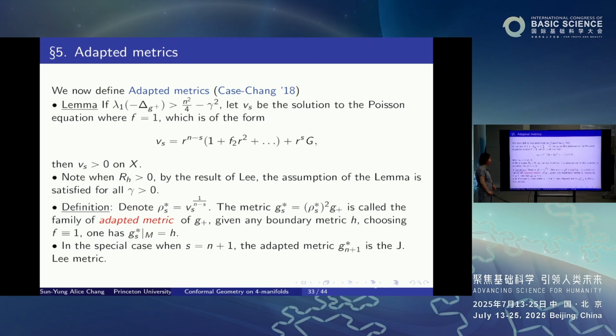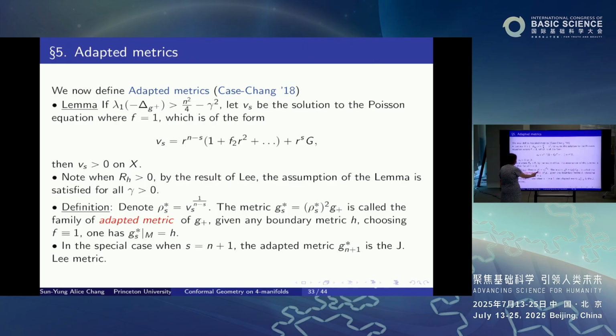So that means that when the boundary is positive, remember Jack Lee says this lambda 1 is greater than n squared over 4. So for each gamma, we have a solution of this equation, Vs, a family of solutions.